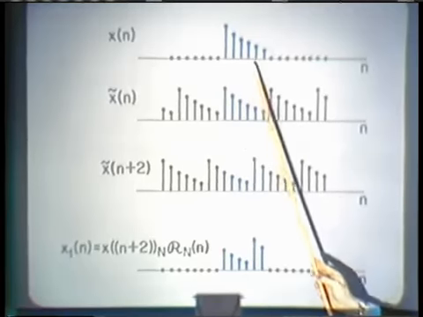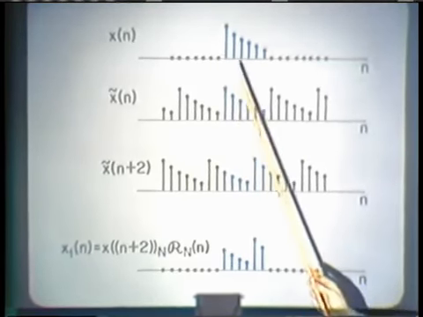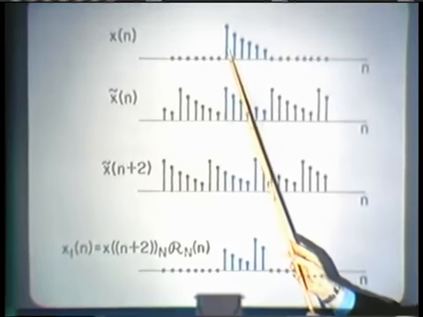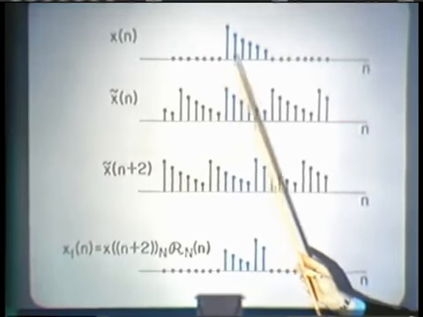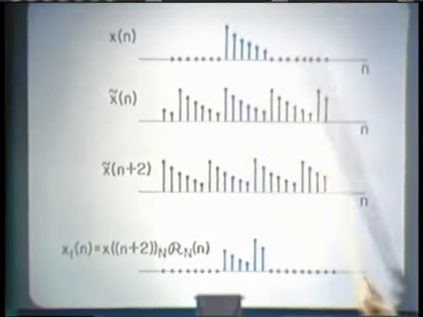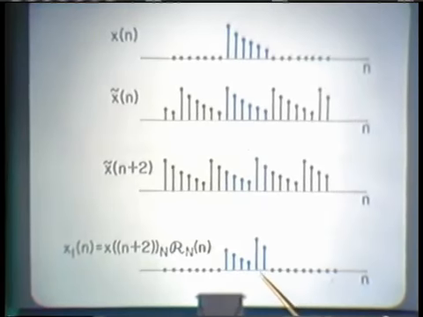but to a circular shift of x of n. As we shift this sequence to the left by 2 values, instead of just simply having these points drop off the end of this period from 0 to n minus 1, we wrap them around to the other side so that they come in over here.